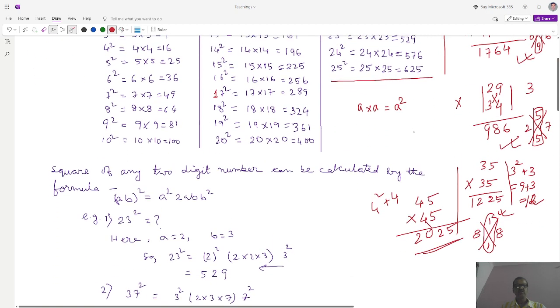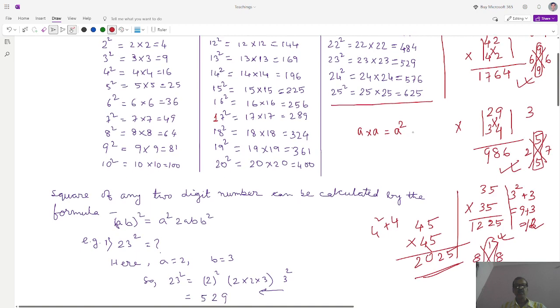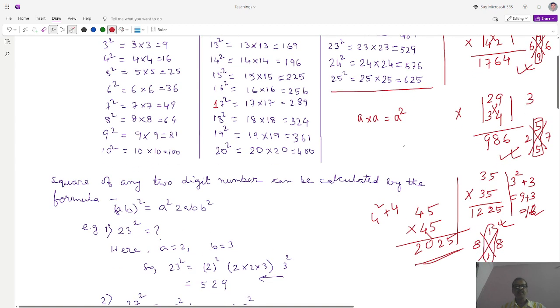Now, another alternative method to calculate the square value, a more easy method.